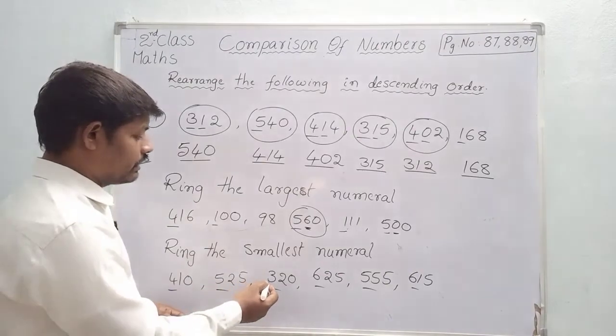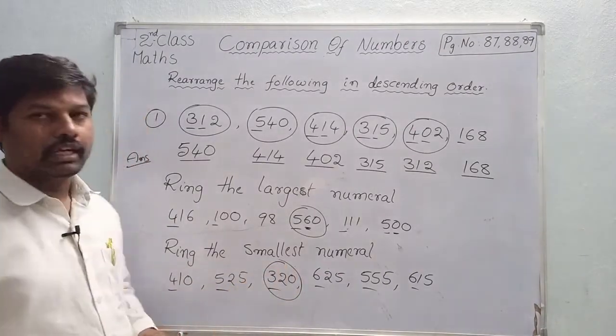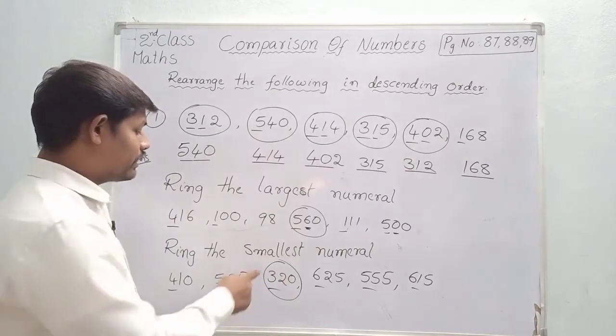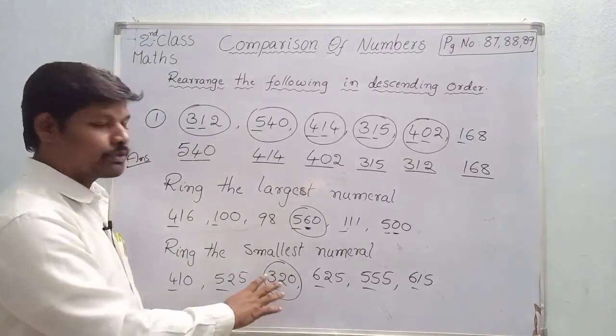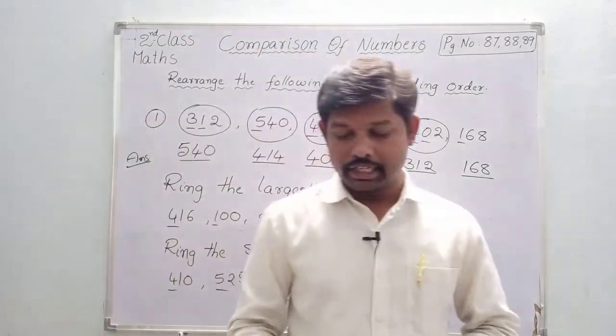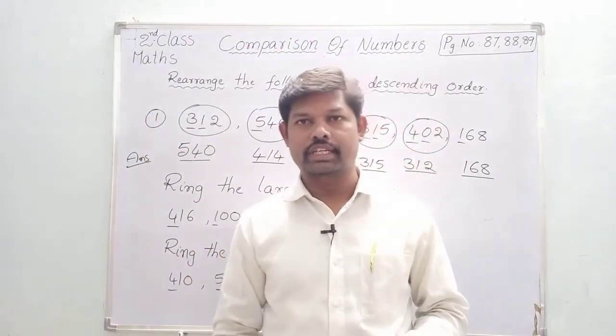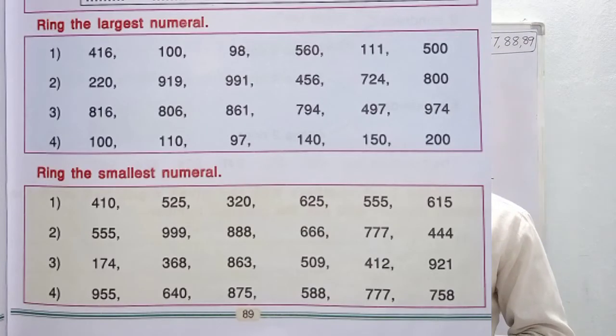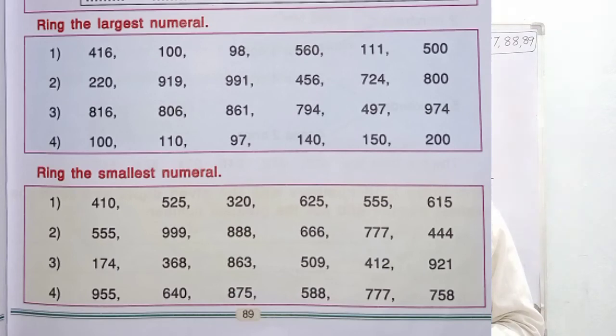So this is the smallest number in hundreds place. So it is the smallest number. Okay. Like that you can ring the smallest number. Here you can ring the largest number. Like that the remaining 3 more sets are there. In the first set ring the largest number and in the second set ring the smallest numbers.